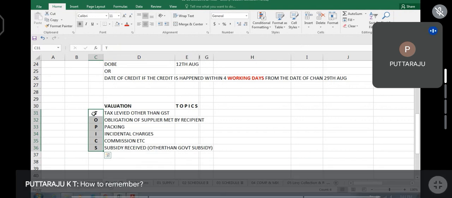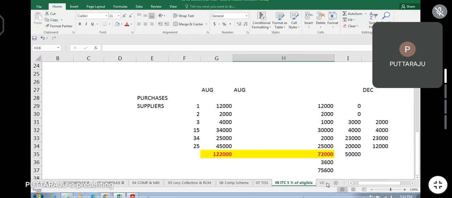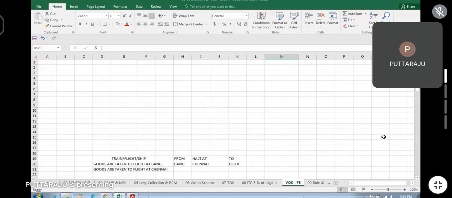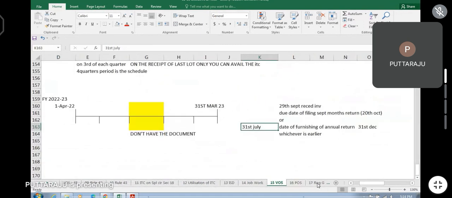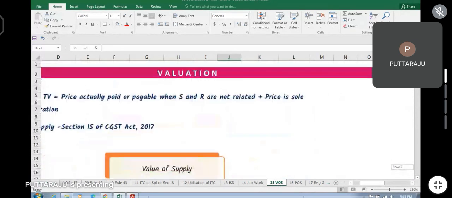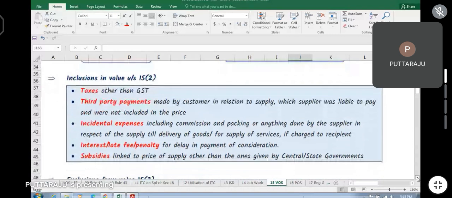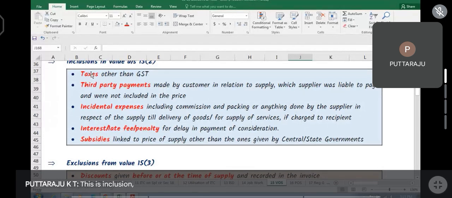How to remember? Topics. This is inclusion. T: Third party obligation.